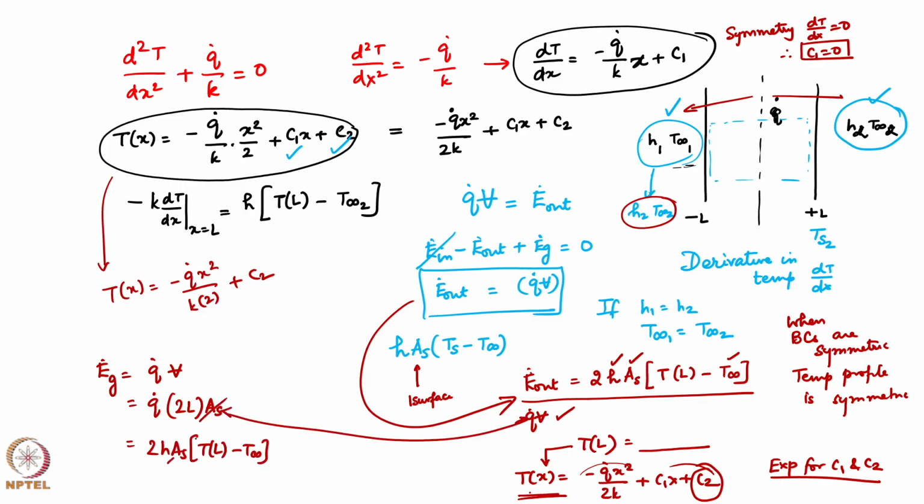The A_s will get cancelled, 2 will get cancelled. So, I would get T of L is equal to Q dot L divided by h plus T infinity. This you can use right here and get the C2. Okay, multiple ways of doing. I have shown you the philosophy of how this is done.